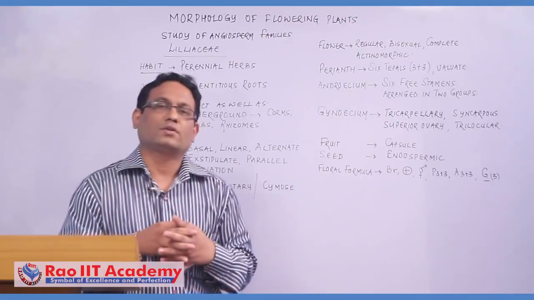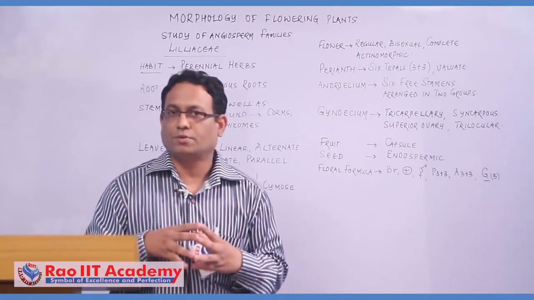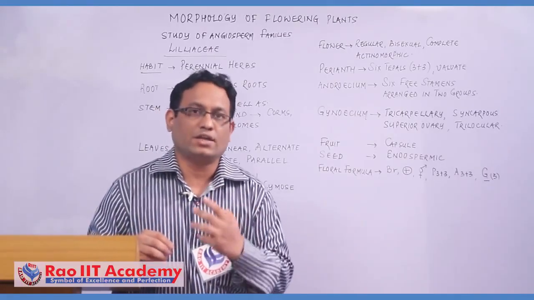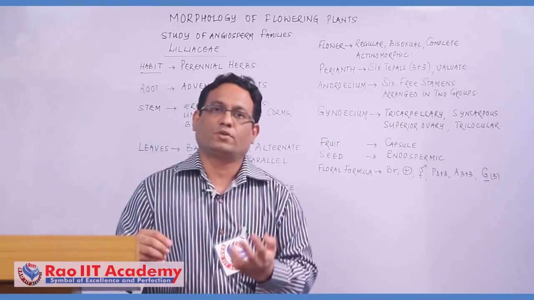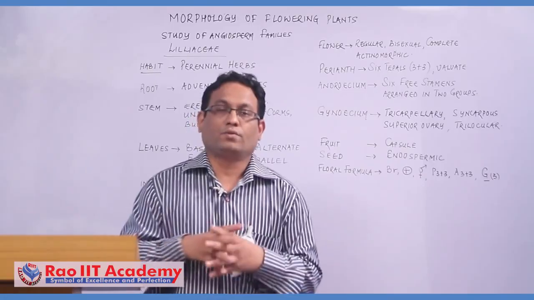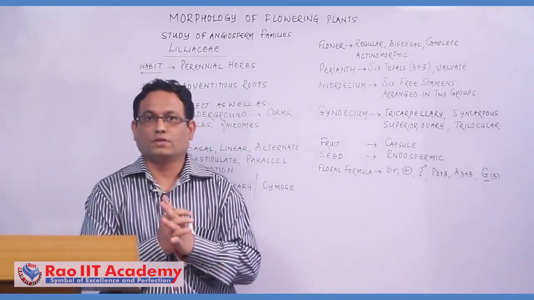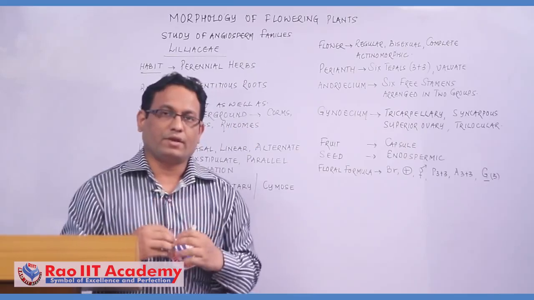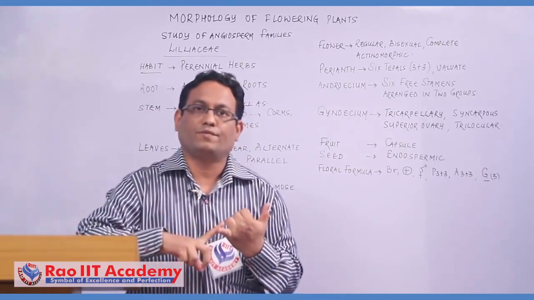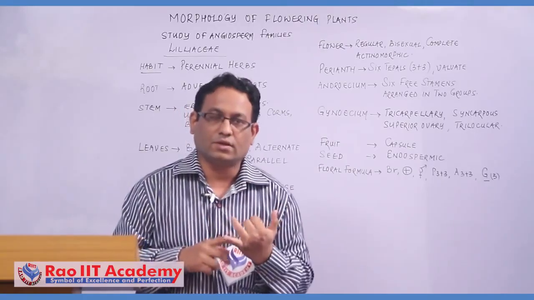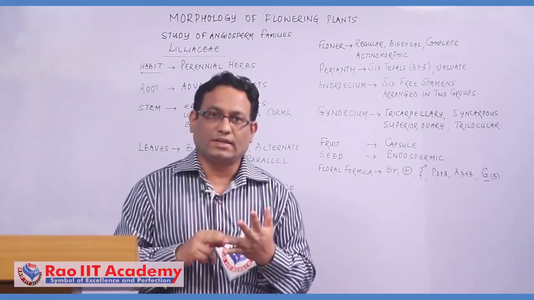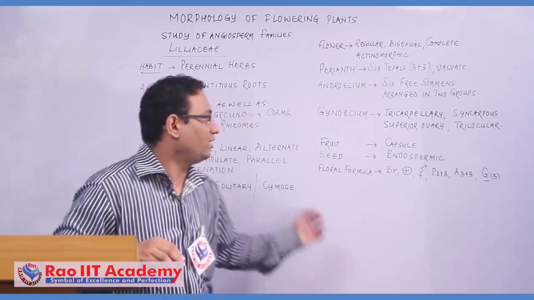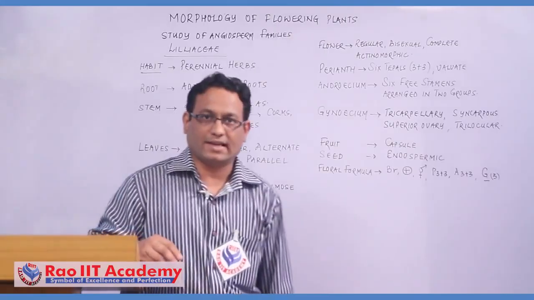Of course, there are so many taxonomic families of angiosperms existing on the planet. This is just an example. This is just the tip of the iceberg for us to understand the morphology of flowering plants. Now with these studies, we conclude our discussion on the morphology of flowering plants, where we have studied all the morphological features of the roots, the stems, the leaves, including the flowers, the seeds, the fruits, and used our knowledge of all these features to identify these families based on their characters.